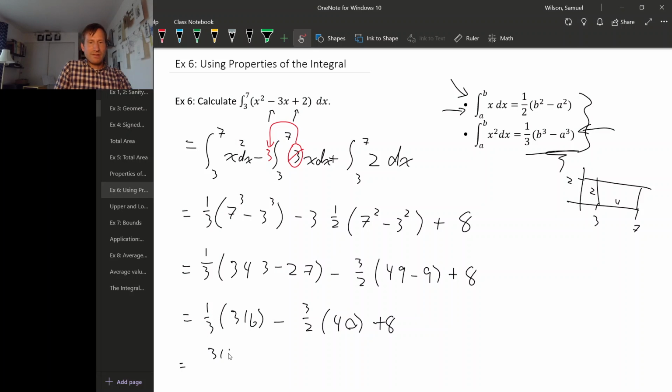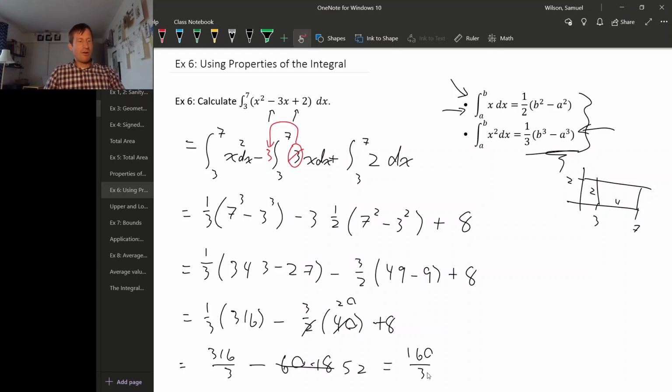So 316 over 3 minus, here we can simplify, 3 times 20 is 60 plus 8. So negative 60 plus 8 is going to be negative 52. So 316 over 3 minus 52 gives us 160 over 3.